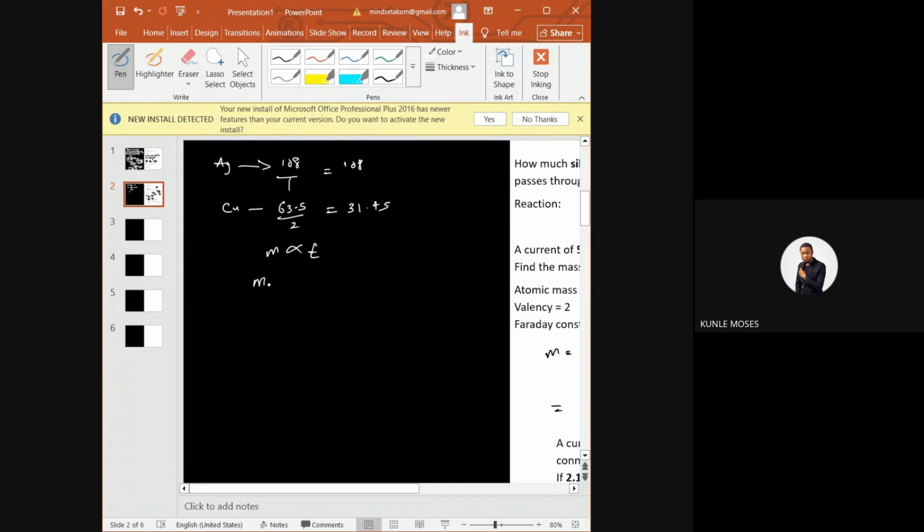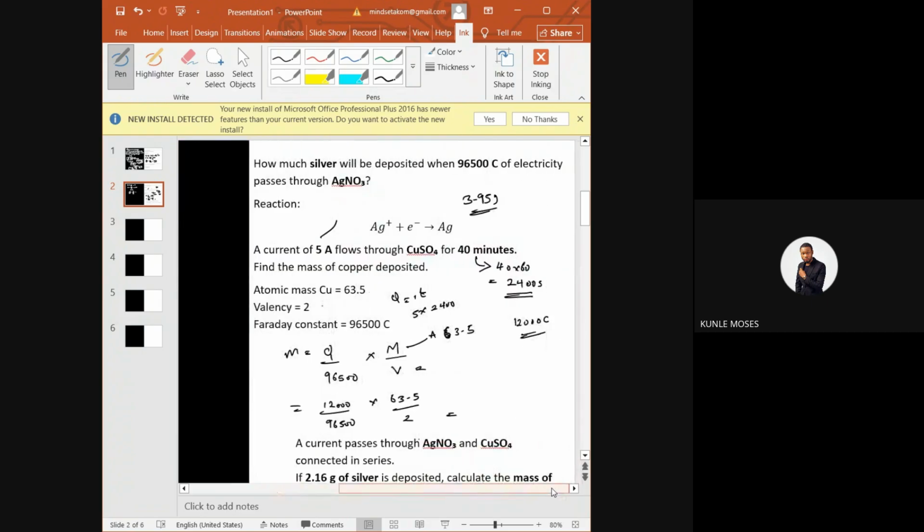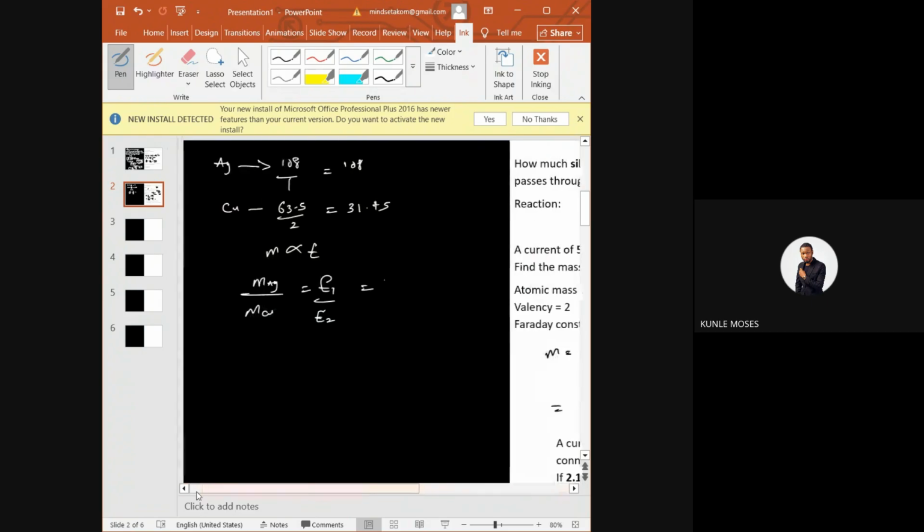That would be the mass of silver over the mass of copper equals the equivalent weight E1 over E2, isn't it? So the mass of silver, 2.16 is the mass deposited. That is 2.16 gram over the mass of copper, which is what we are looking for. Let's call it X.